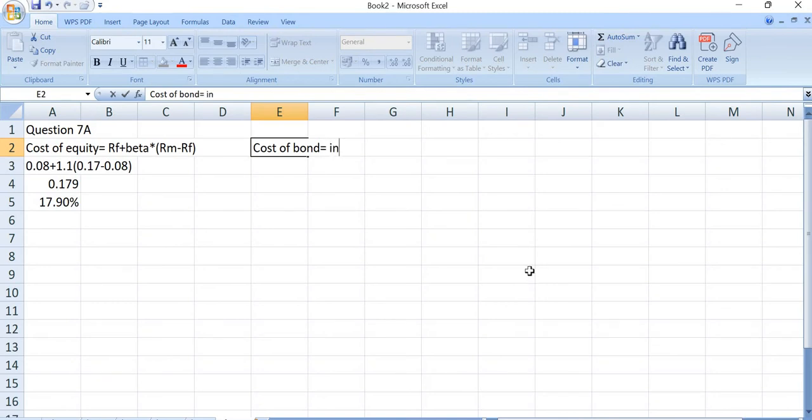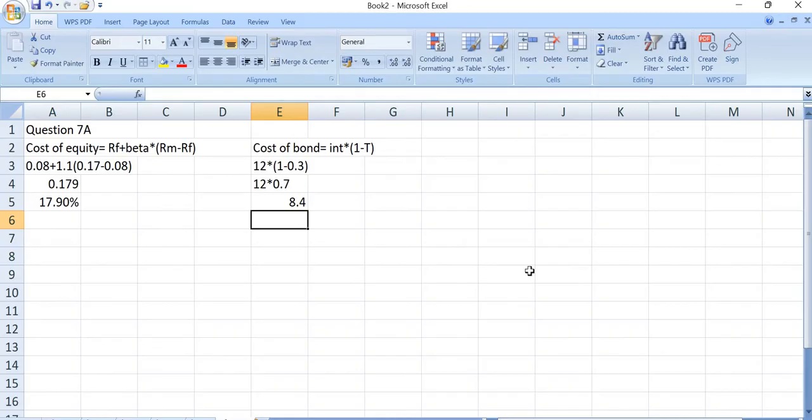Interest into 1 minus tax rate. Here interest is 12 percentage into 1 minus 0.3. So 12 into 0.7, we will get 8.4 percentage as cost of bond, that is cost of your debt.